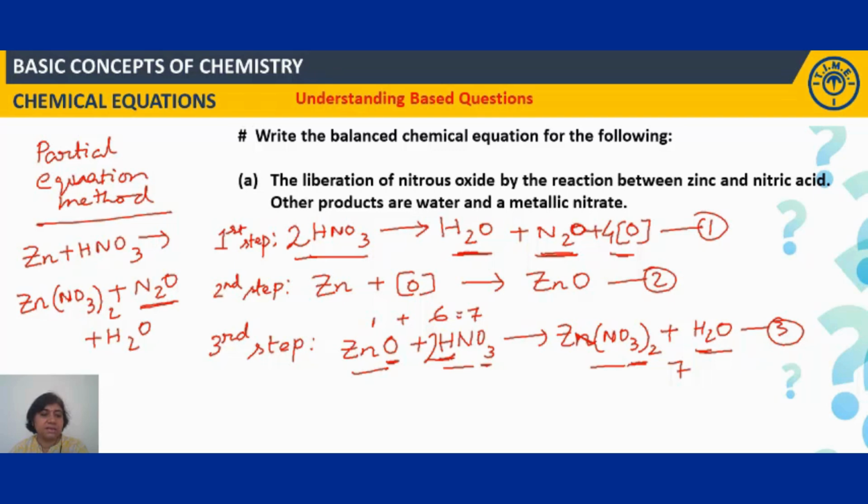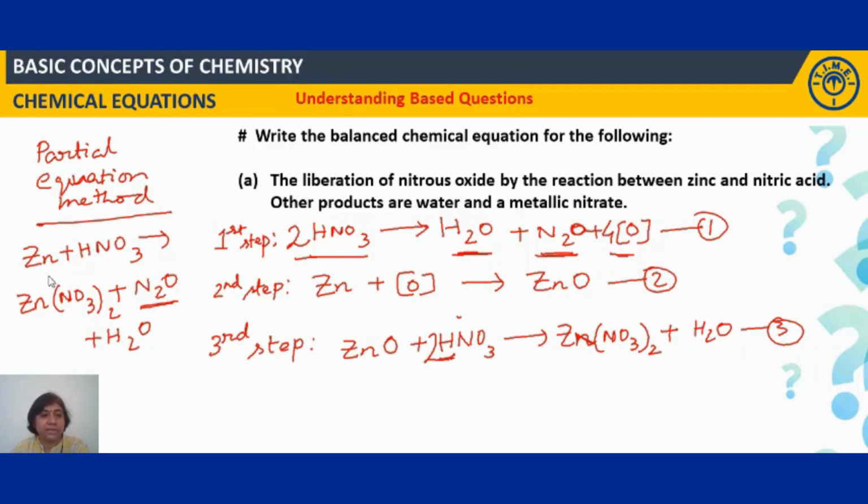Now let us erase the unnecessary things and then we will see the next step. What we have to do now, the intermediate products, which you are not finding in the final reaction, those intermediate products should get cancelled. So how can it happen? Let us see. What are the intermediate products?